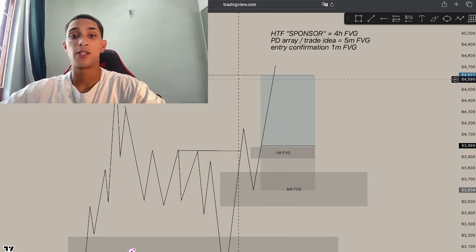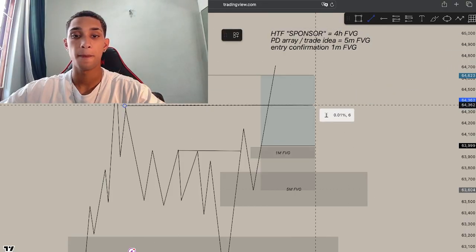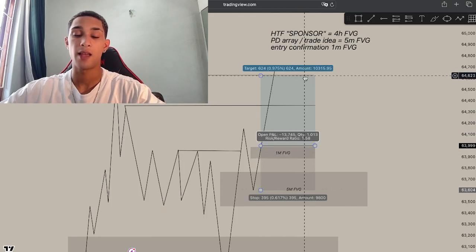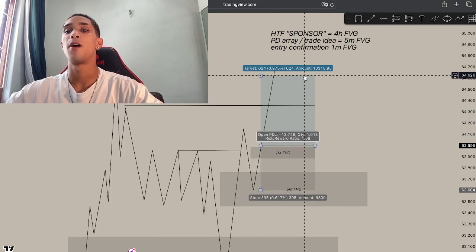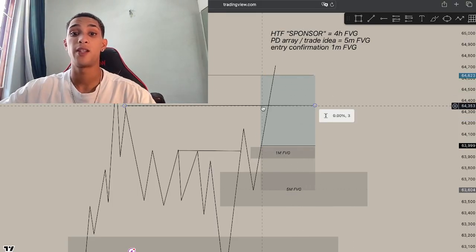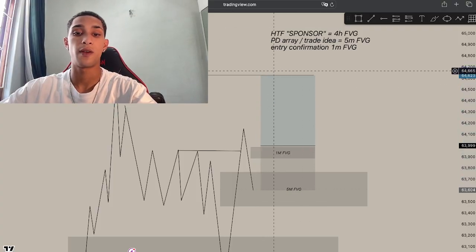And this now is going to give us confirmation that after at least sweeping this high, price is likely to deliver up until this high, and we will be right about that because we are in line with all the different time frames. And that right there is a trade idea, and that's a whole entire trade, and that's exactly how we can use fair value gaps for that.